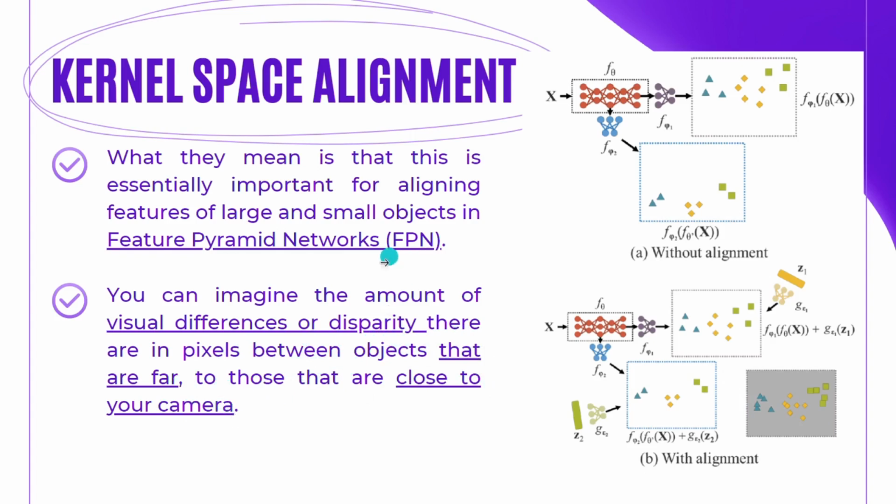So in the feature pyramid network, we are learning objects at different scales. When the objects that we are detecting are closer to the camera, they appear larger, and when they are very far from the camera, they are very small objects. So in order to reduce the visual differences or disparity in the pixels of the objects that are far and close, we use kernel space alignment to fix that problem.